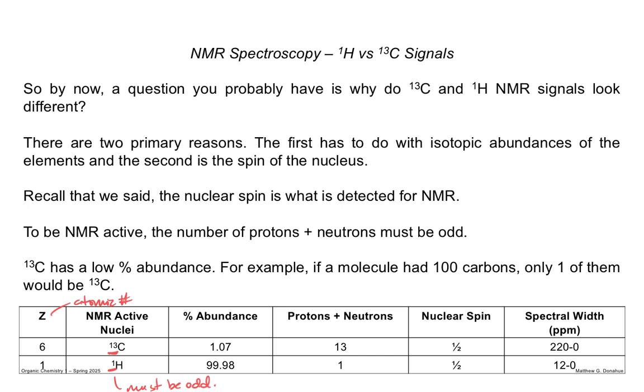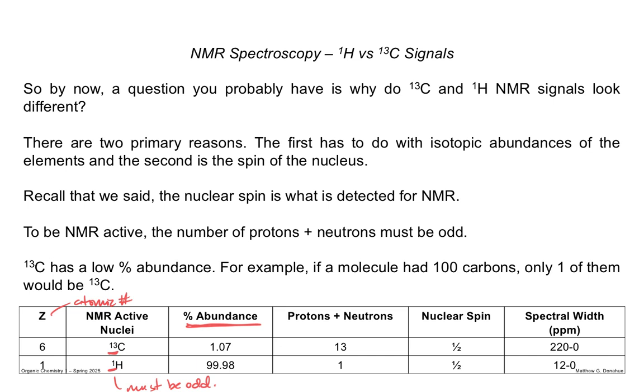The reason that the carbon looks different is due to this abundance here. The abundance of the NMR active nuclei C13 is about 1.1%, whereas in proton it's 99. So again, to be NMR active, you have this odd number for the number of neutrons.